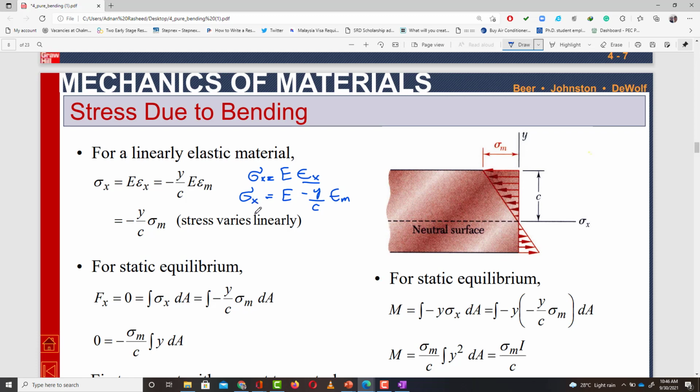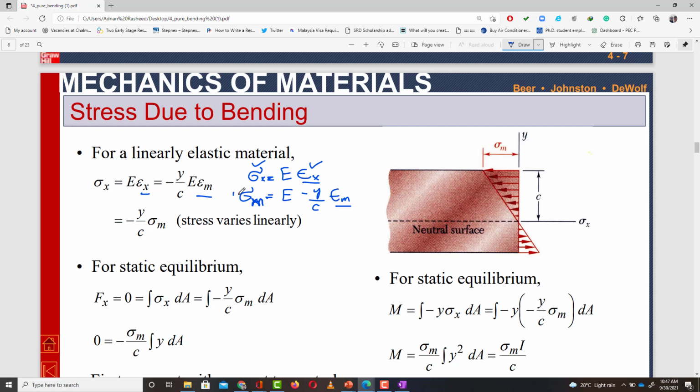sigma x. Clear? Again, sigma x is equal to E into epsilon x, but you have written your epsilon x in terms of maximum strain. So this stress will also be in terms of the maximum. Clear?